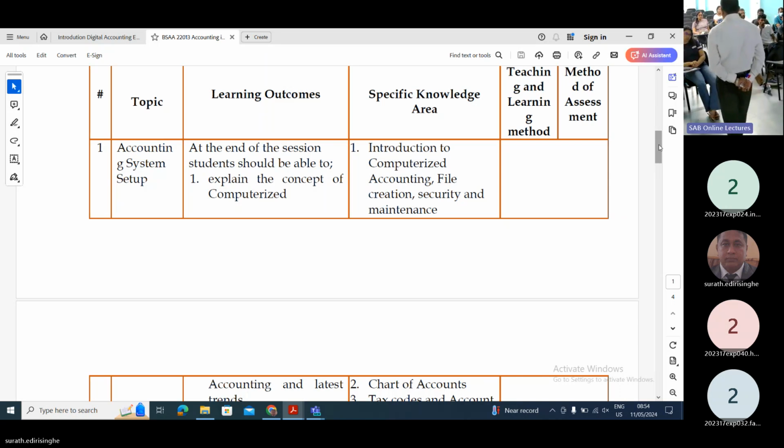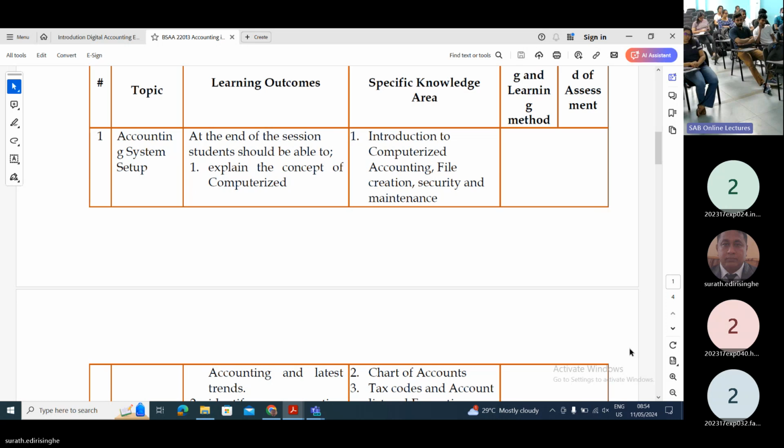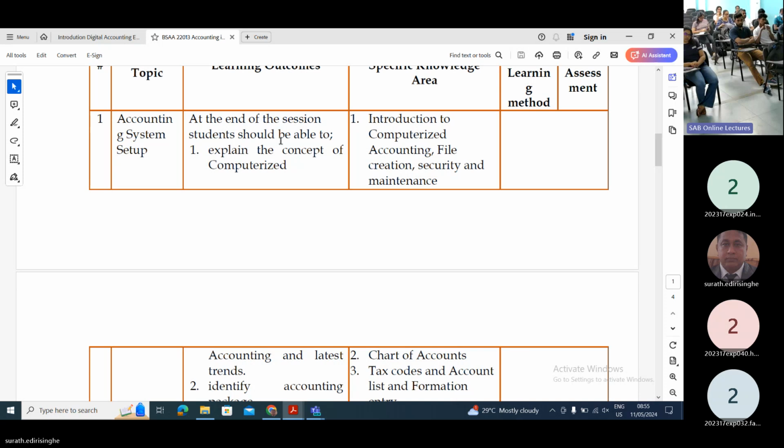I'm not going to discuss this area in detail, just go to the topic and learning outcome. Look at the first topic, accounting system setup. Under the accounting system setup, students should learn and understand by the end, called the learning outcome. At the end of this session, students should be able to explain computerized accounting.